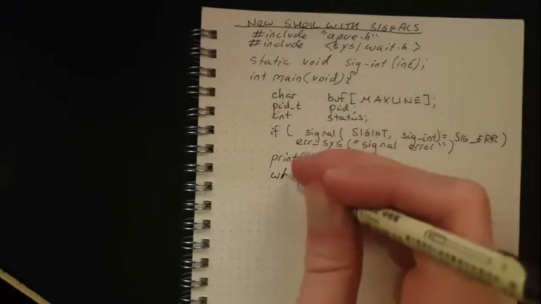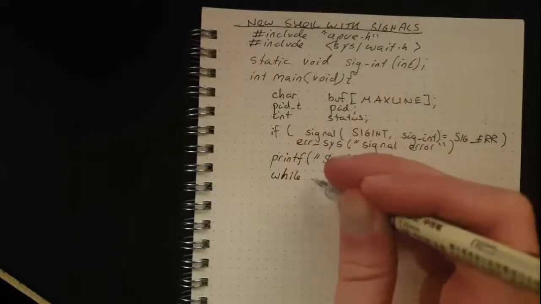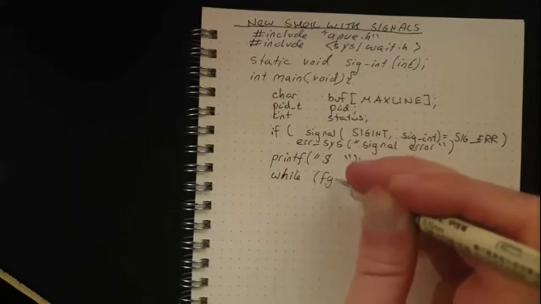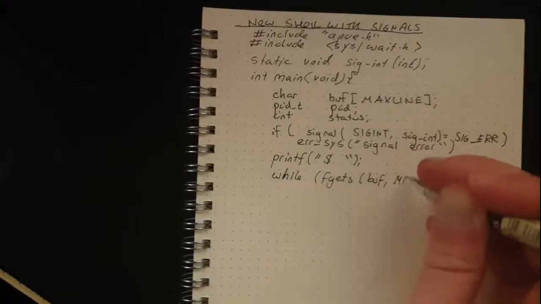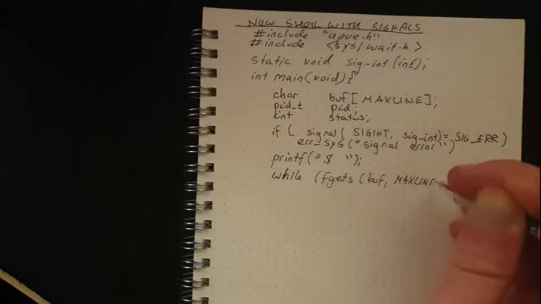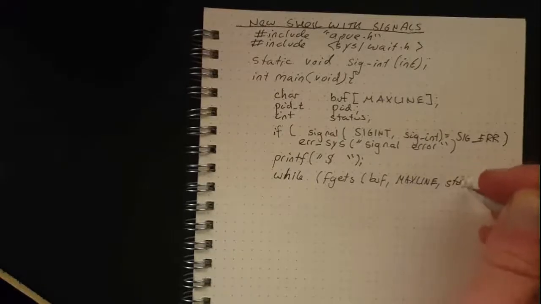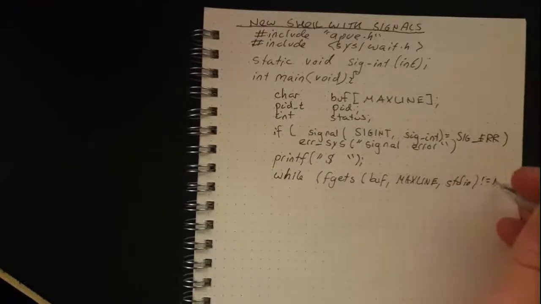now the while loop as before. fgets(buf, MAXLINE, stdin) not equals NULL.